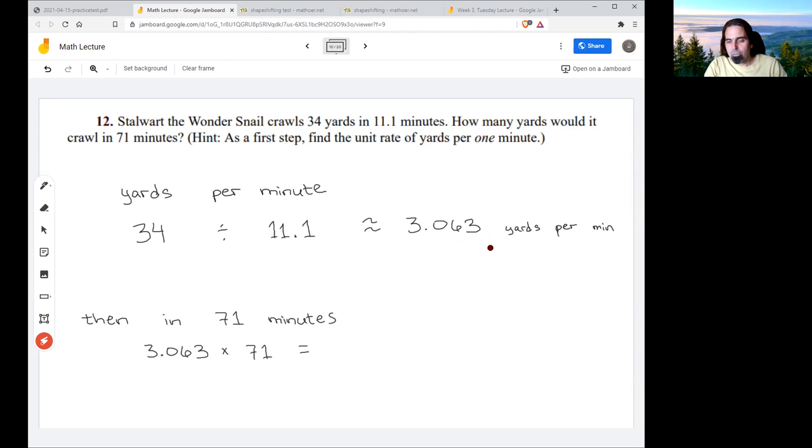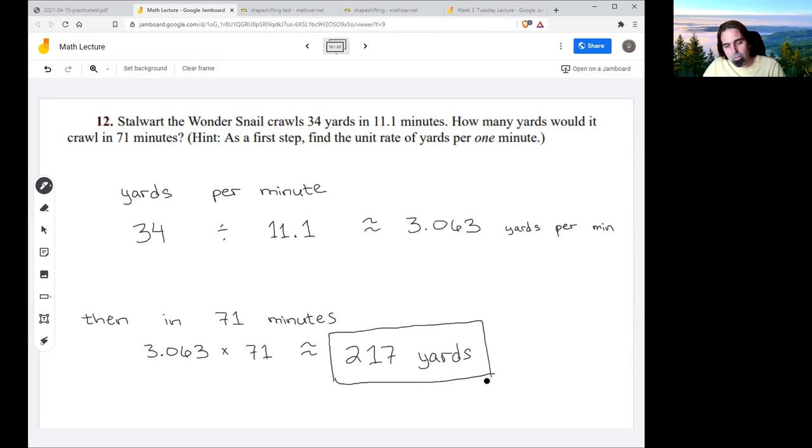It just goes on and on off the edge of the screen, right? So when I hit times 71, it's going to use the real number. And so I get this nice answer of 217.4. So maybe about 217 yards. And I'm not worried about loss of accuracy from me rounding on the board, because on the calculator, I just took that long number that went on and did times 71 equals.